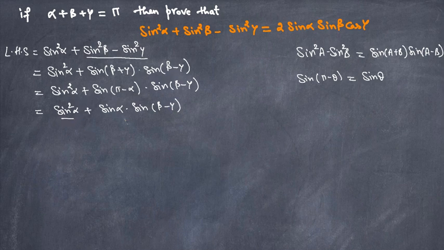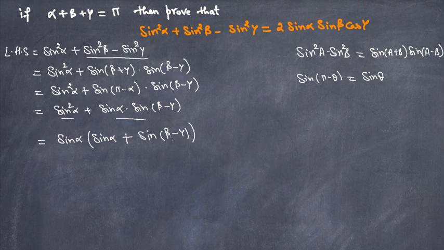Now look at these two parts. They both have a common factor, which is sin α. If I take out sin α as a common factor, from sin²α I'm left with sin α, plus, and from the second part I'm left with sin(β minus γ).